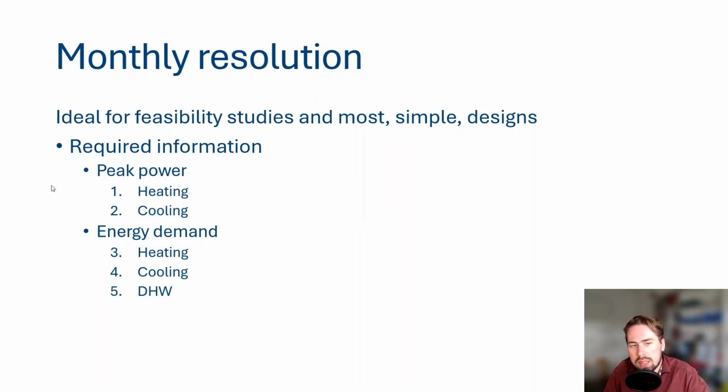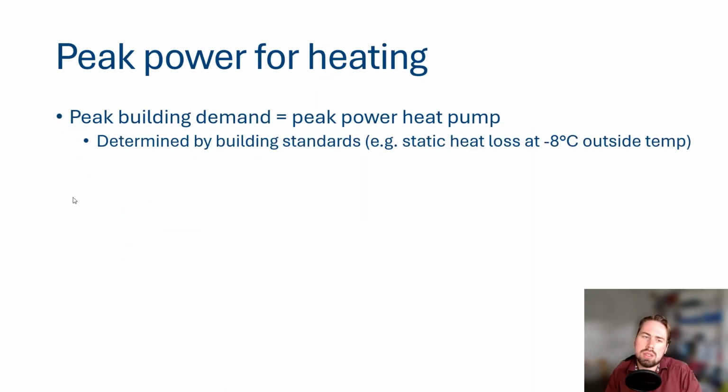So let's start with the peak power in heating. What is it exactly? The peak power in heating you need to enter in GHEtool is simply the peak power of your heat pump. If you have a heat pump of 10 kilowatts, then the peak power in heating for your building is 10 kilowatts, because it's limited by the size of the heat pump. Now, how you come up with the size of the heat pump is typically determined by building standards in your region.